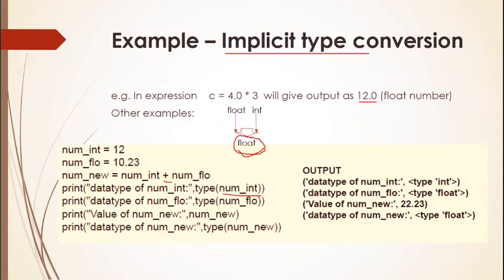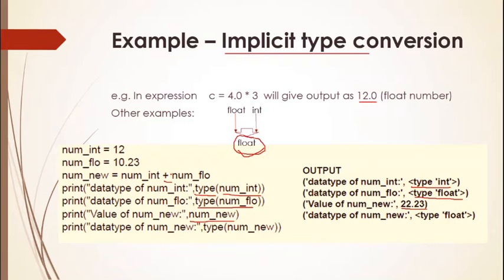Here the type function is used to see the data type of any variable or any object. Now see what happened here. The type function displays the type int because the first number is an integer number. The next number is a float number, that's why it displays the output as float. When we added the values, it displays 22.23.